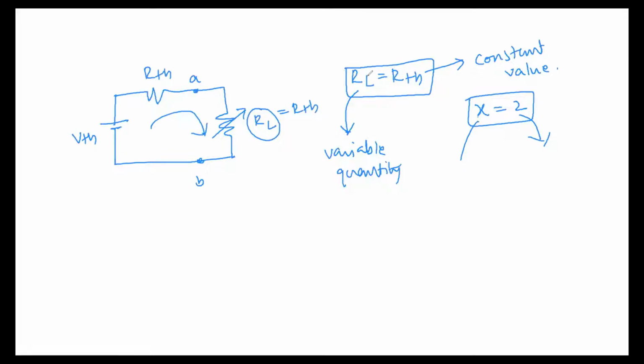Now we got the condition RL is equal to RTH. At this condition, the maximum power is transferred to that load. Now, what is the maximum power? What is the power equation? The power equation is nothing but the load power.